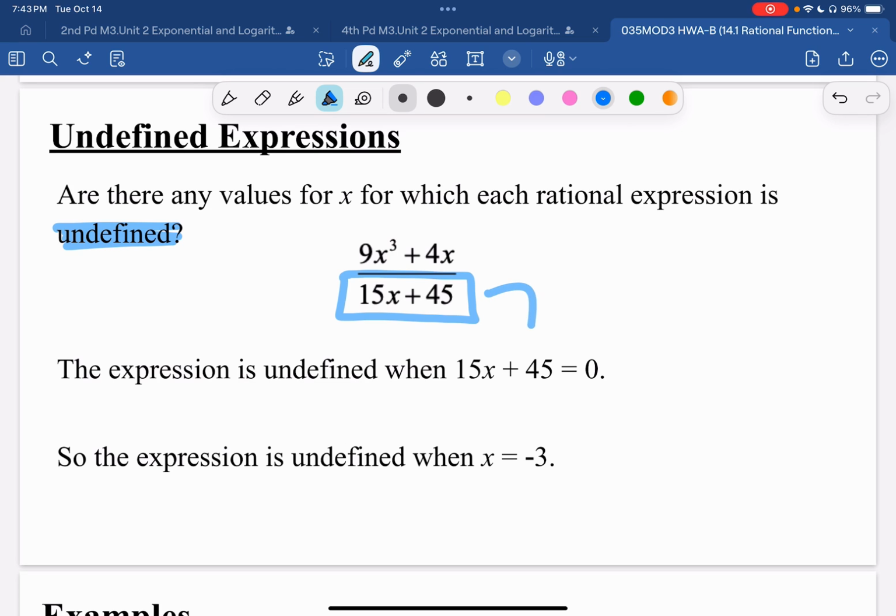So I'm going to take the denominator, set it equal to 0, and solve. If you don't remember how to solve this one, the first thing we would do is subtract that 45 and divide by 15, and that's how we get undefined when x is equal to negative 3.